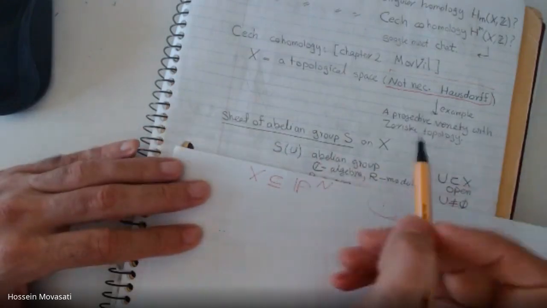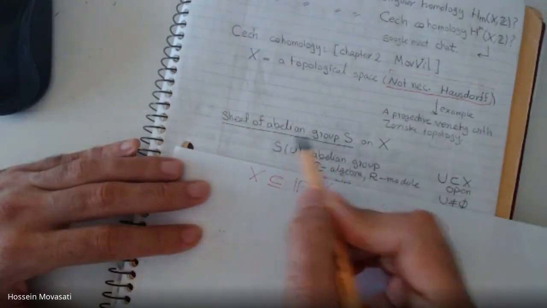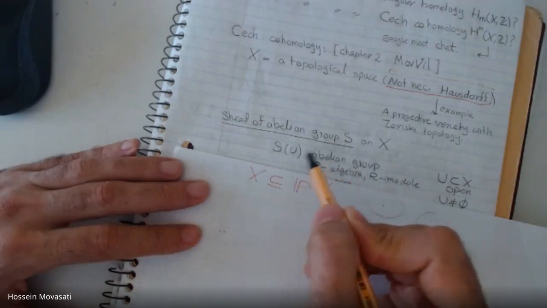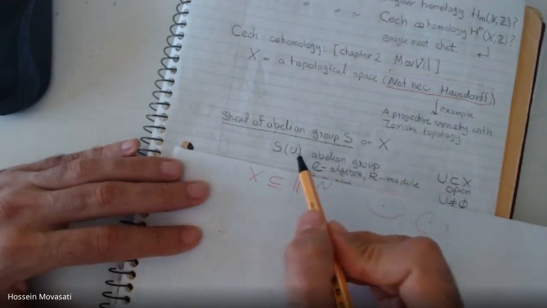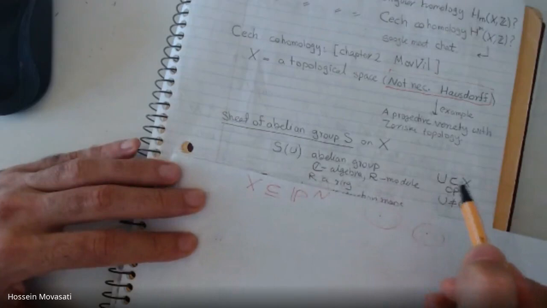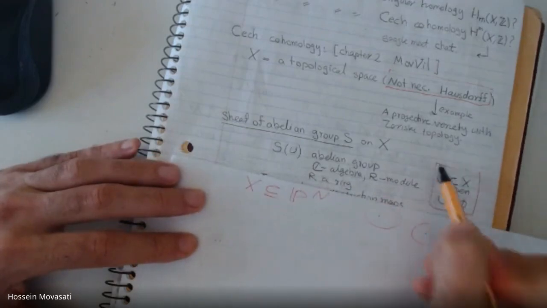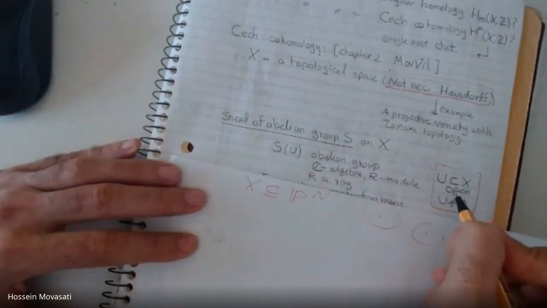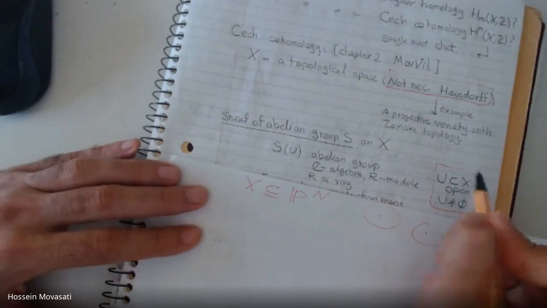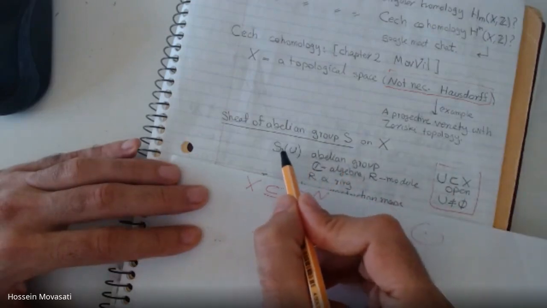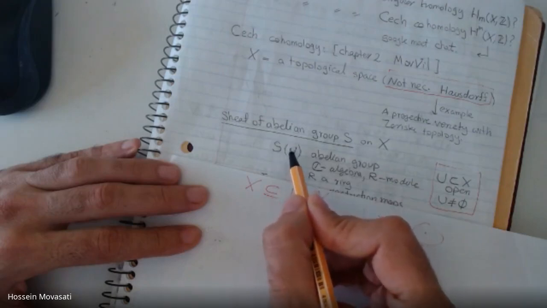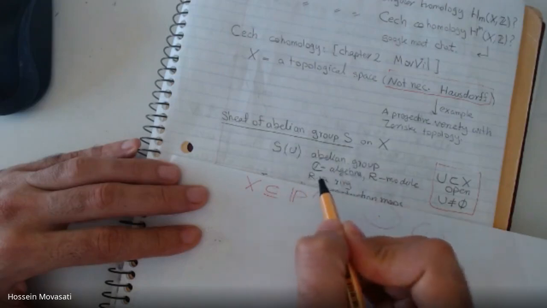Okay, so for the moment, a sheaf is something like this: for any non-empty open set of X, it associates an abelian group. So we have this collection of abelian groups S(U).